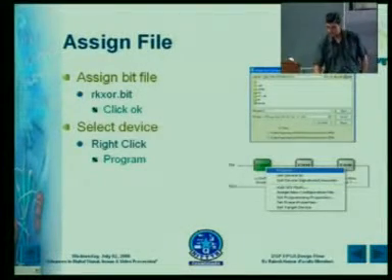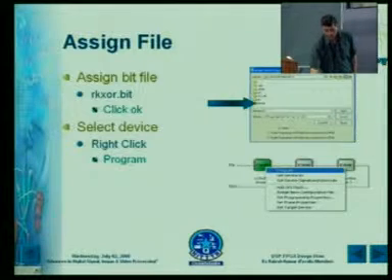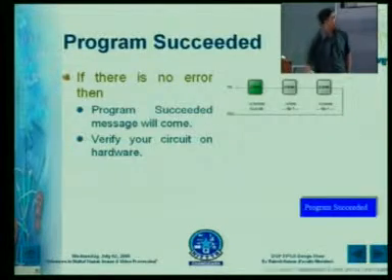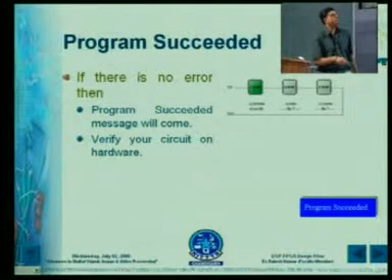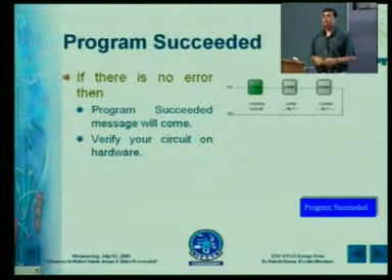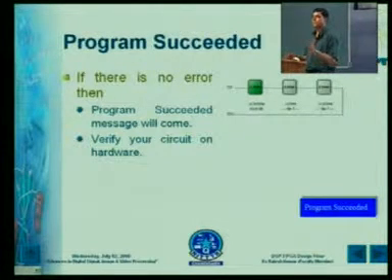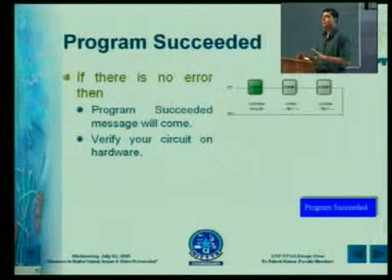After selecting program, if your programming is successfully completed, you will get this message: program succeeded. If you are getting an error message, it means that your program is not complete.